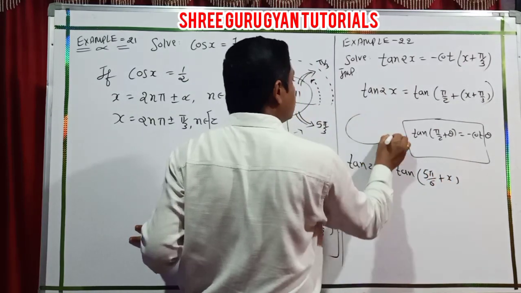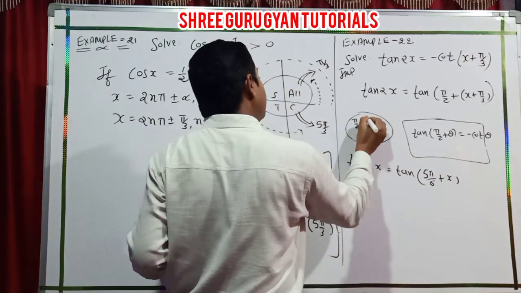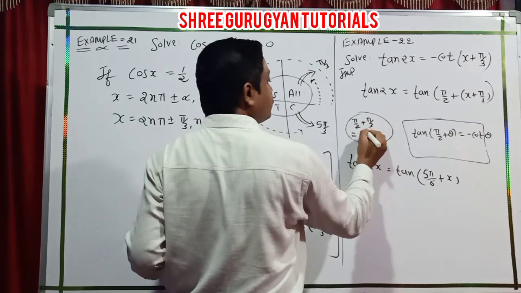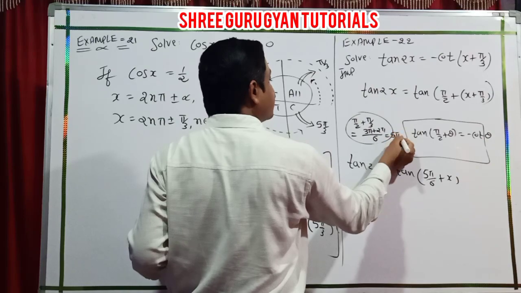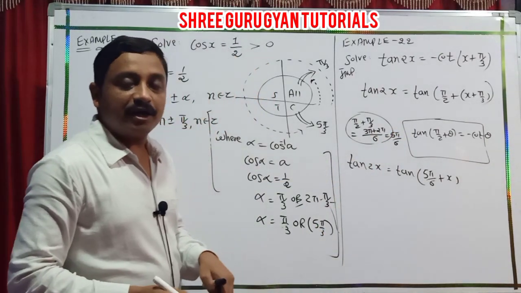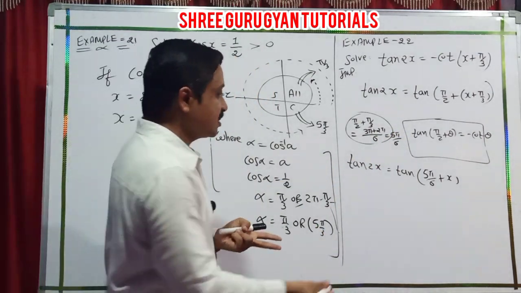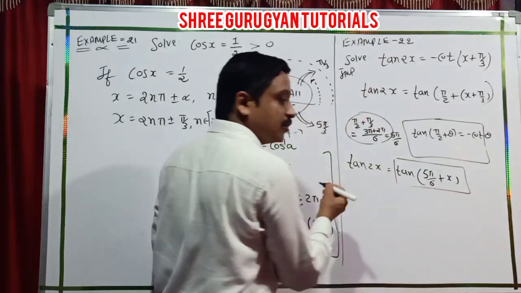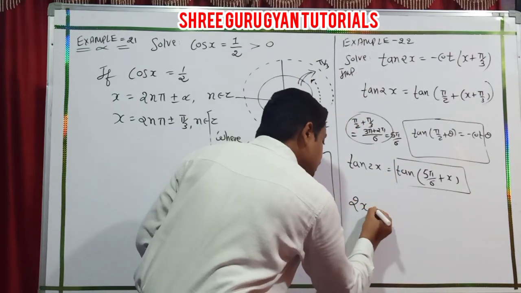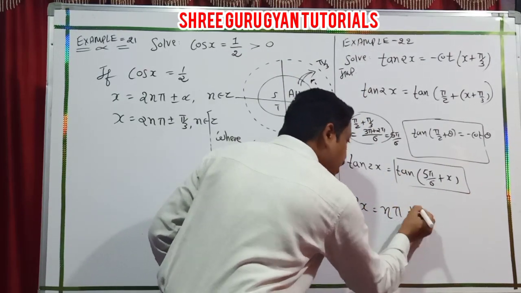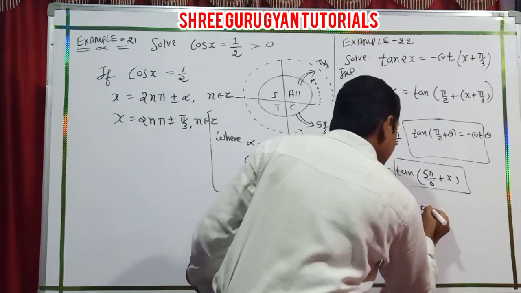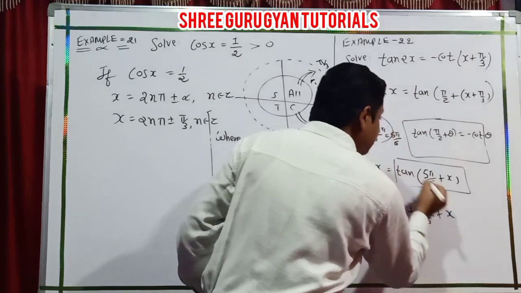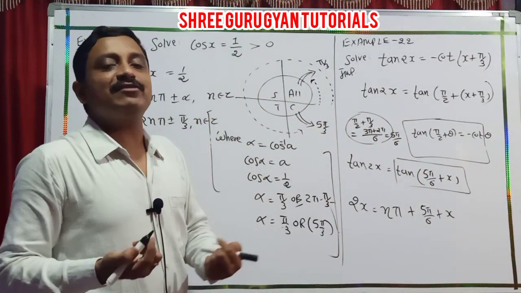Students, this is addition: pi by 2 plus pi by 3. Taking the LCM, 3 pi plus 2 pi by 6, it is 5 pi by 6. And that I put here. Now the tan solution: consider this as a. So what is the tan solution? 2x equals n pi plus alpha, and alpha is 5 pi by 6 plus x, indirectly tan inverse a.